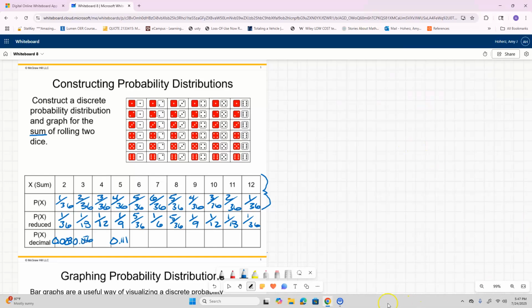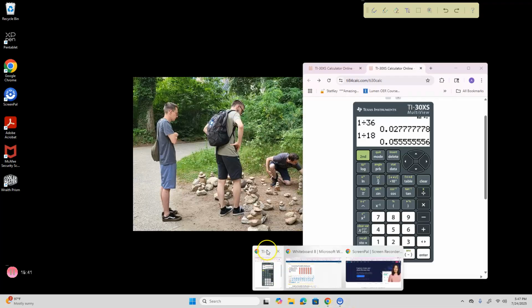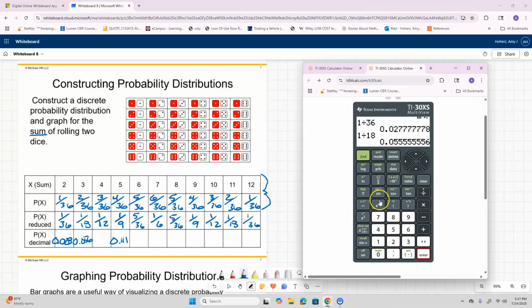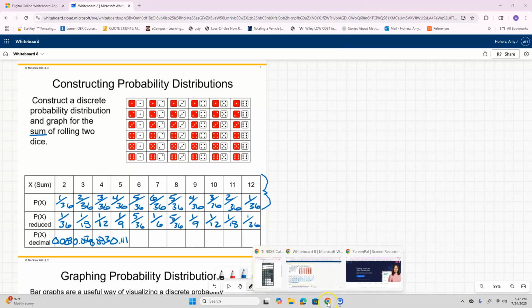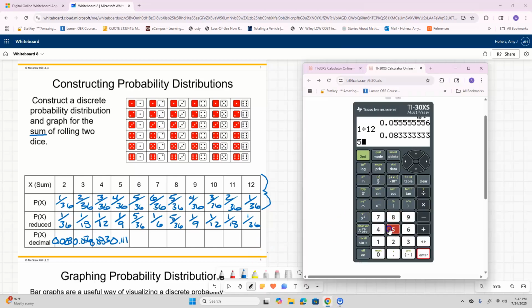And then if we go to the 1/12th, we get 0.083. And then 5/36, we get 0.139.